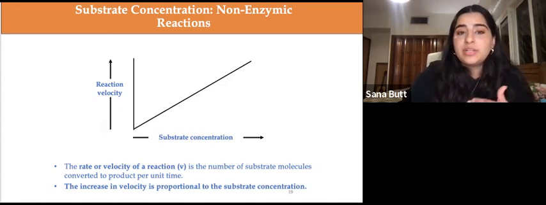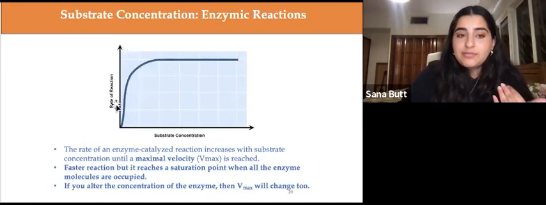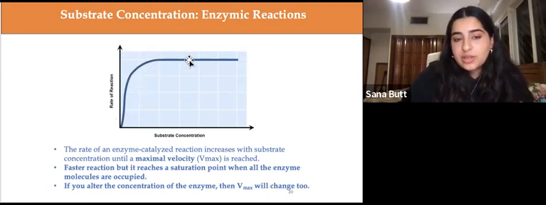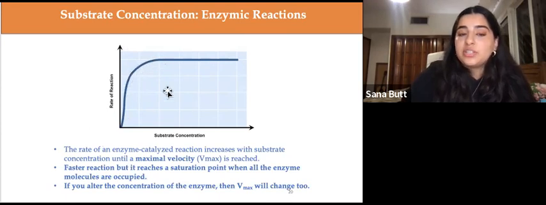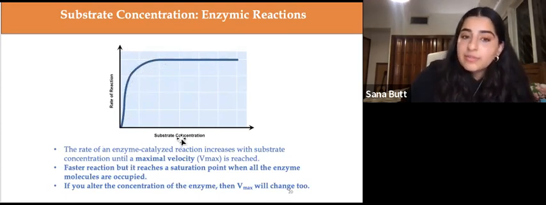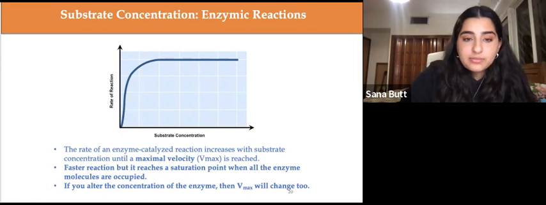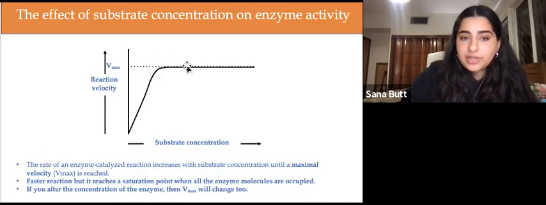But then when you include an enzyme, faster reactions occur until all of your enzymes are saturated with substrates, and then reactions are going to plateau. So reactions will continue to occur, but the rate of the reaction will no longer continue to increase, despite your substrate concentration increasing. This is because they reach something called the Vmax, which is seen over here.